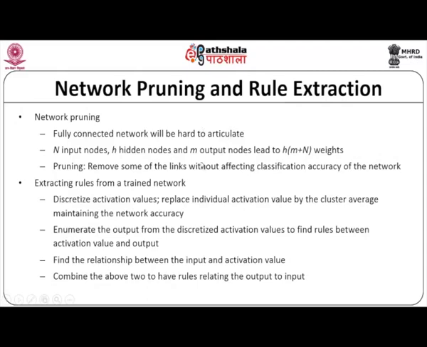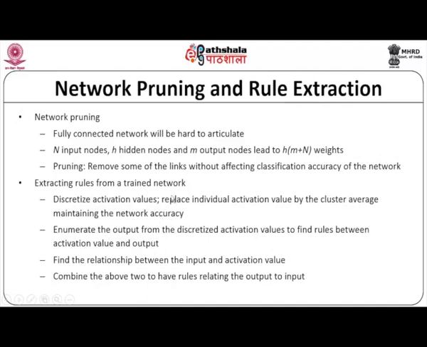When you take n inputs, h hidden nodes and m outputs, this results in h multiplied by m plus n weights. Pruning is fundamentally eliminating a few links which may result in lesser accuracy during classification. So pruning ultimately results in improvement of accuracy.